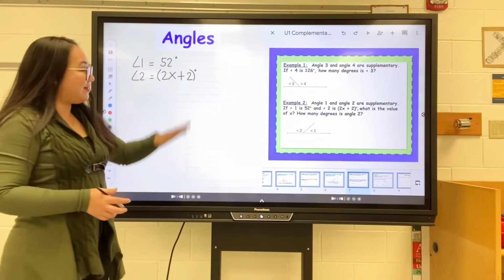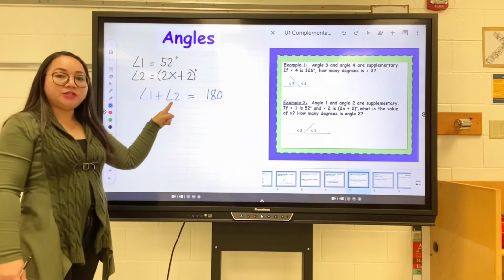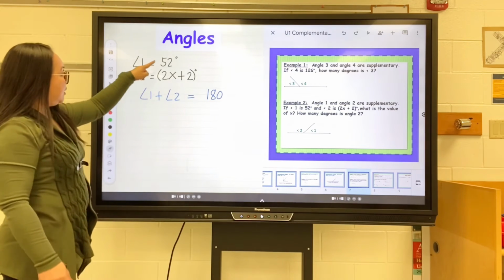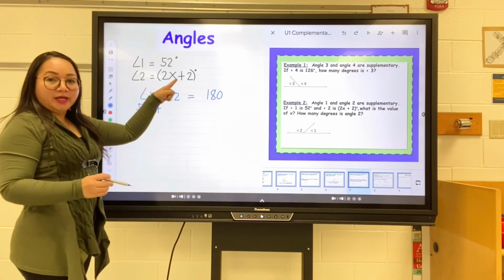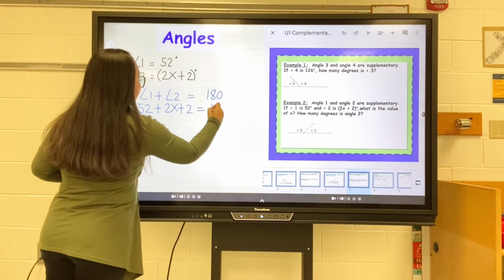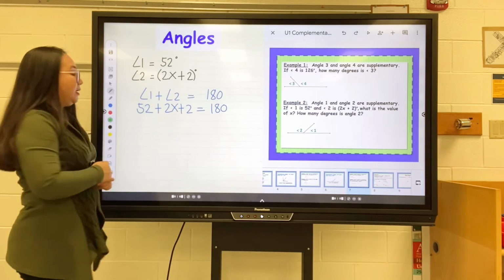So we will write this as an equation. Angle 1 plus angle 2 is equal to 180. And we know that angle 1 is 52 and angle 2 is 2x plus 2 equals 180. Same thing, we have to combine like terms.